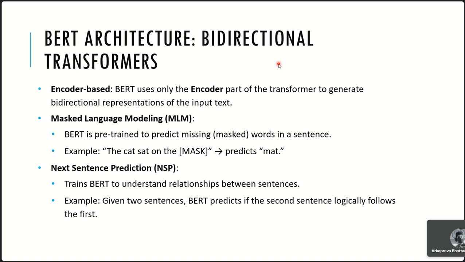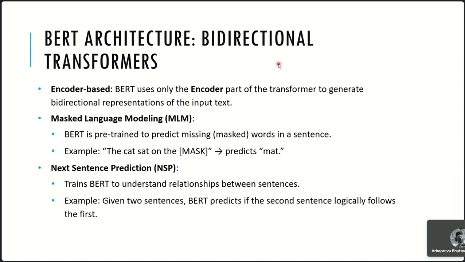For both these things, MLM and NSP, to work, you require a pre-trained BERT model, meaning you must already have an existing corpus on which an NLP model has been trained. You require an already pre-trained model which is trained on a corpus.